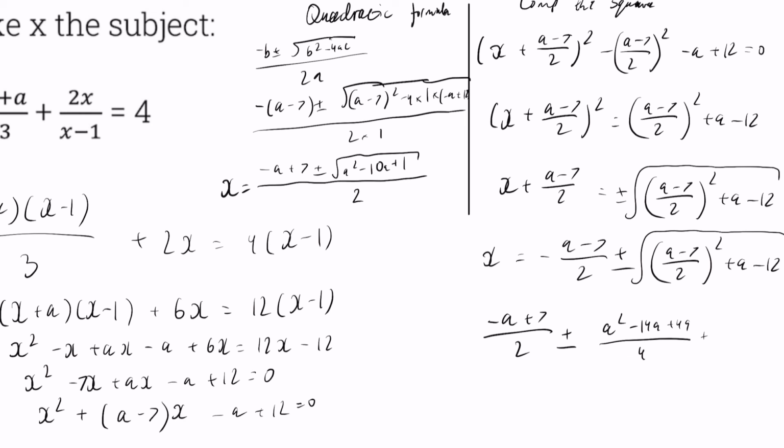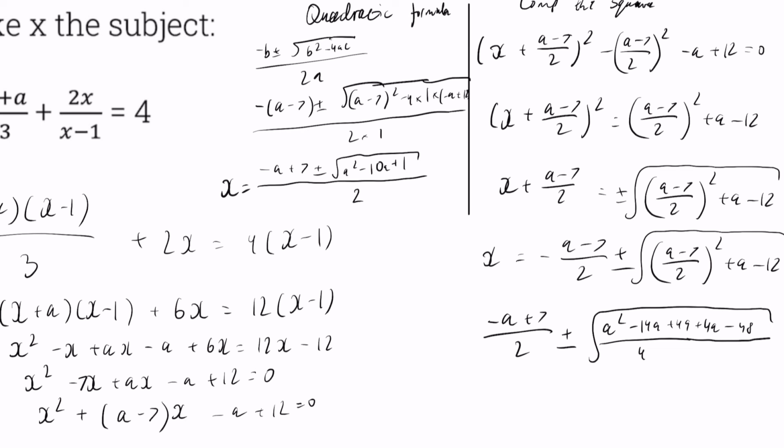Let's make it one single fraction. So we write 4 times (a minus 12) over 4. Combining those two fractions together just leaves us with this. Expanding this bracket gives us 4a minus 48. So plus 4a minus 48, and it's still all square root.